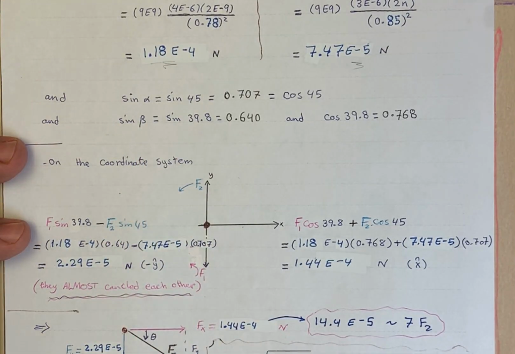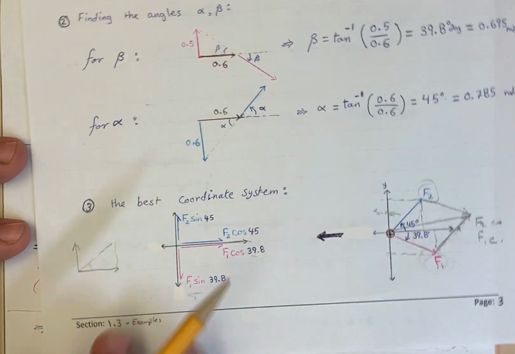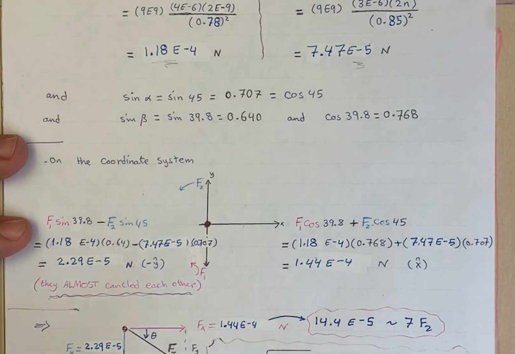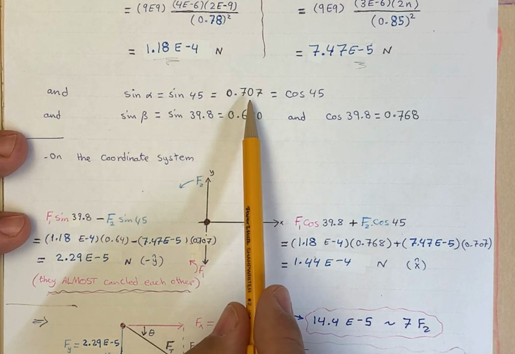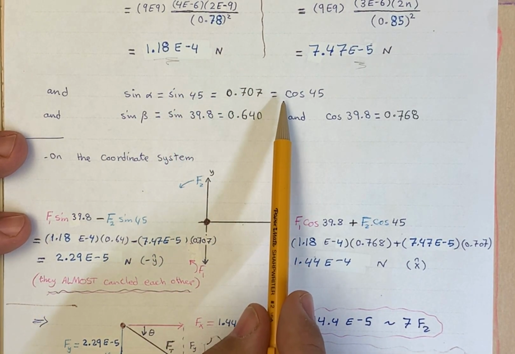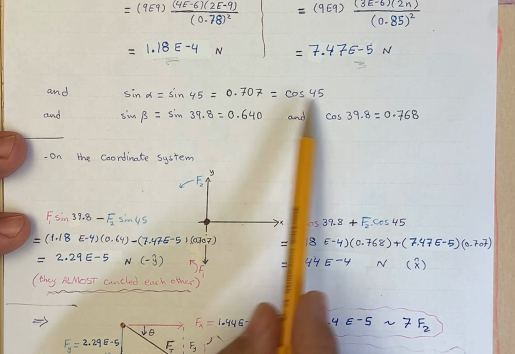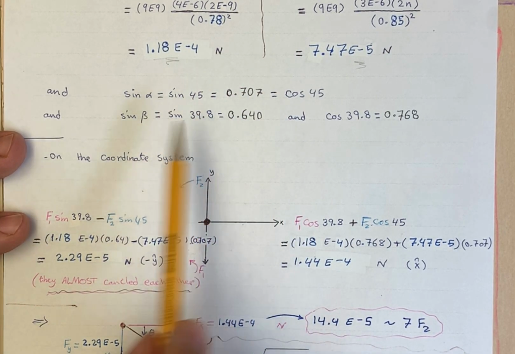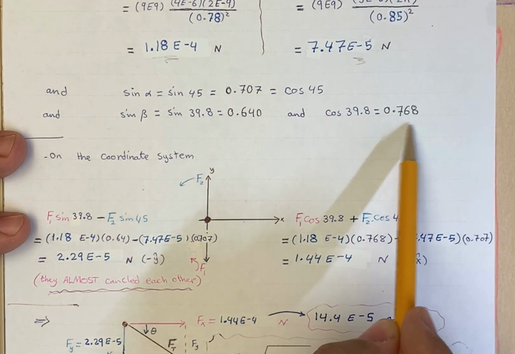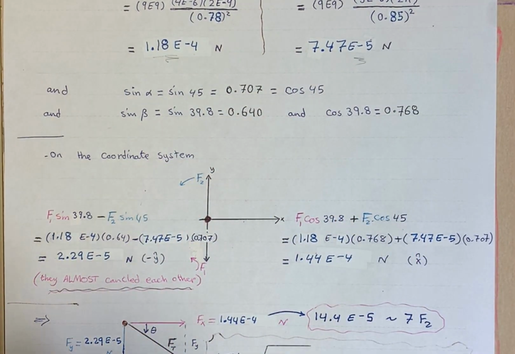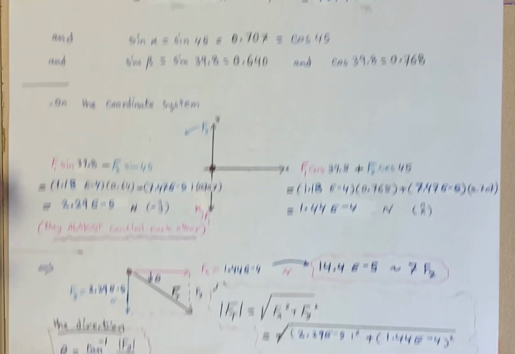We need to use the sine and cosine as we found here. So let us write them: sine alpha, which equals also the cosine for the 45 degrees, and sine beta equals this value, and the cosine equals this value. We will use them now.